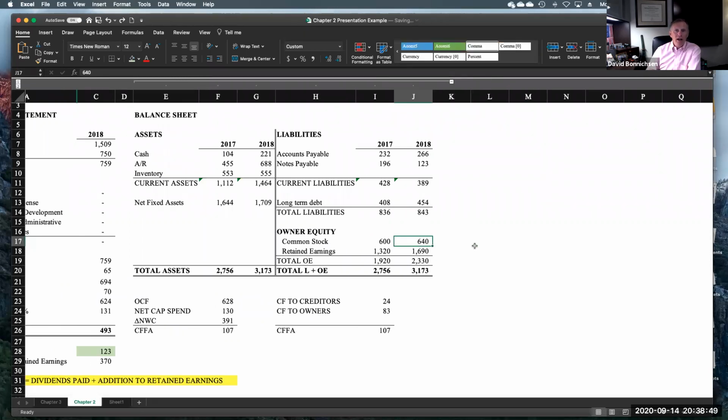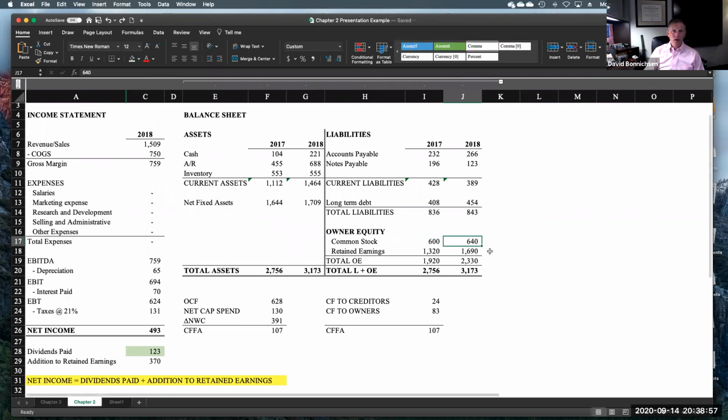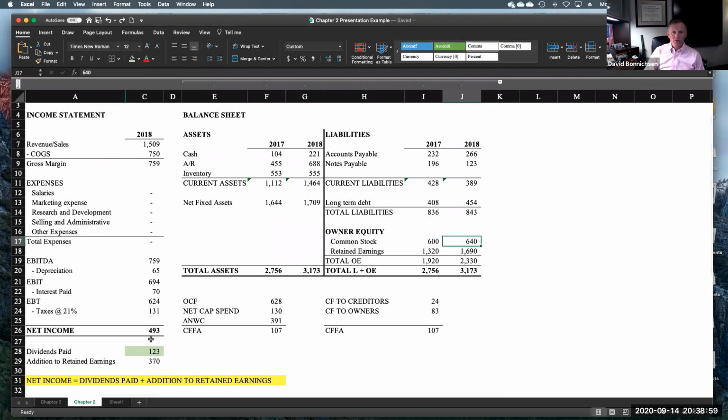You're going to have to choose a variable to force the balance to work. So work through the income statement, work through the balance sheet, getting it set up, flow retained earnings to retained earnings, and then plug common stock.